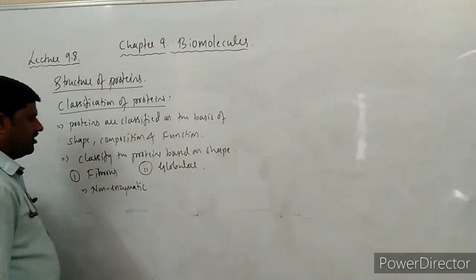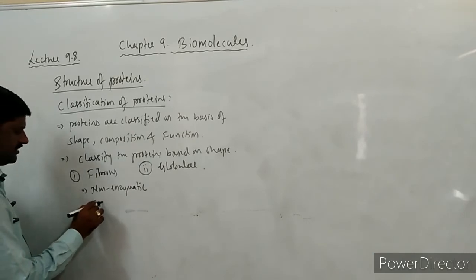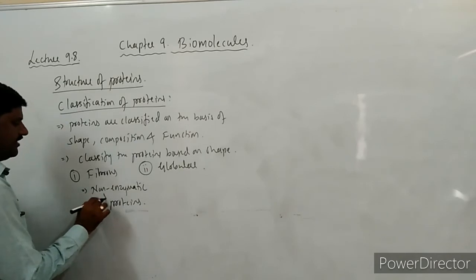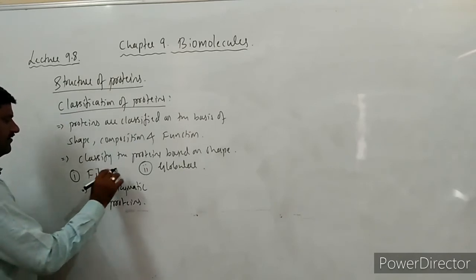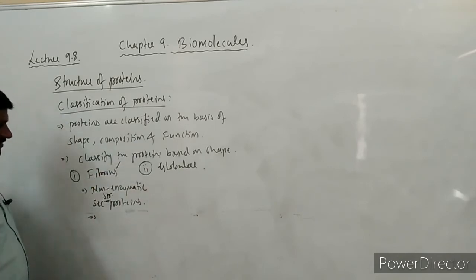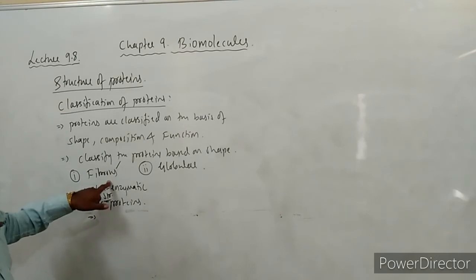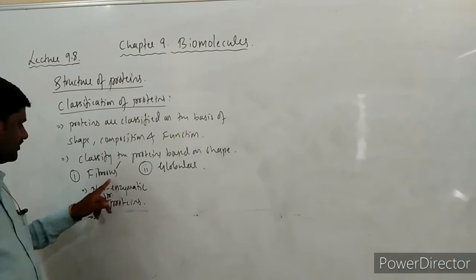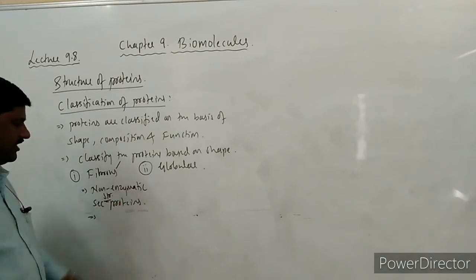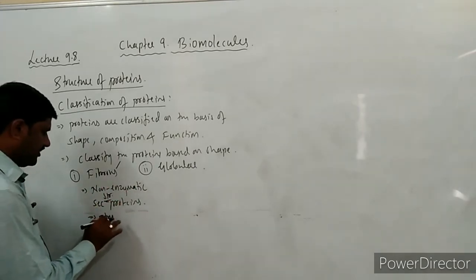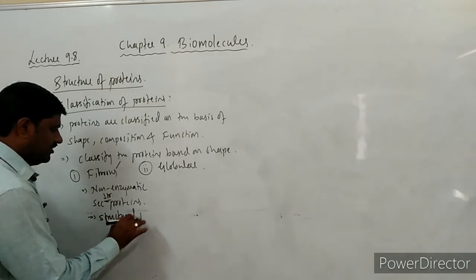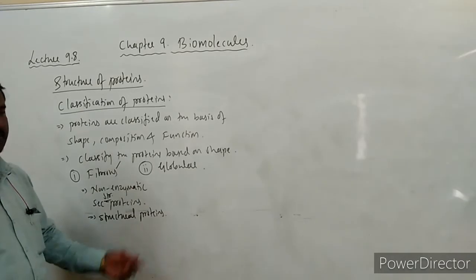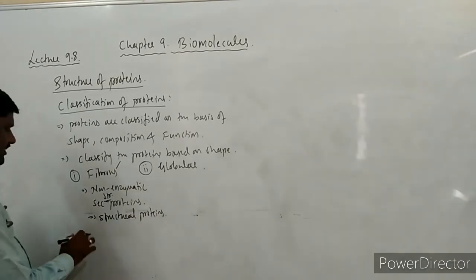These are non-enzymatic secondary proteins. Secondary structure of protein forms the fibrous proteins, right? They are non-enzymatic one and they are structural proteins, means these are responsible for formation of some structures.